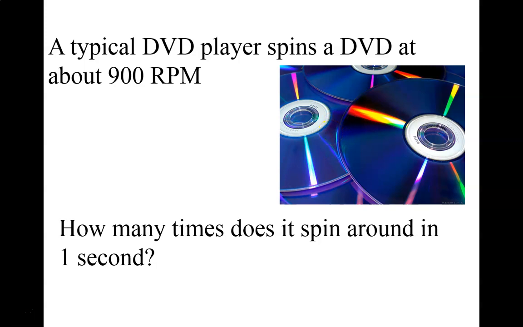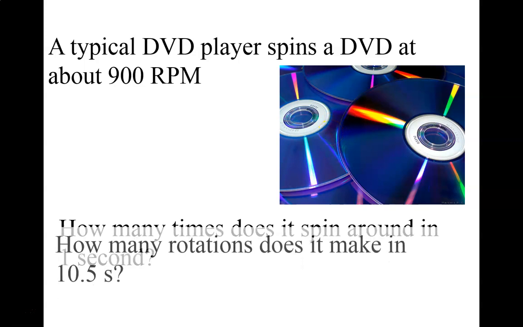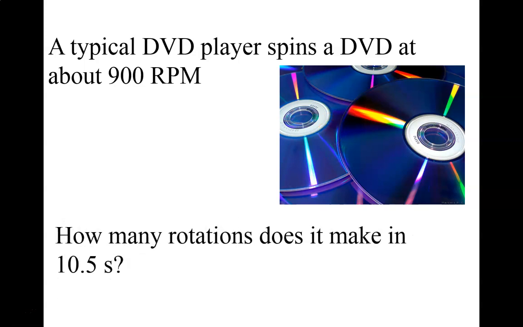That's a pretty good clip to make that number of rotations. So how many rotations would it make in 10.5 seconds? Well, if it's rotating at 15 rotations per second, and I want to know how many rotations it makes in 10.5 seconds, I'm going to multiply 15 times 10.5, and it'll make 157.5 rotations in that amount of time.